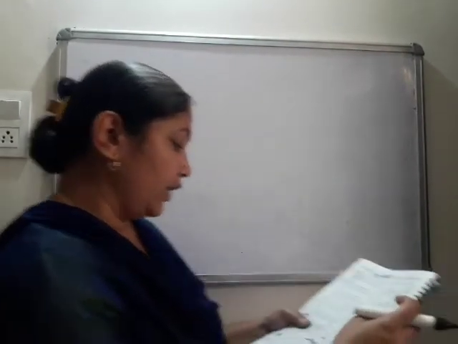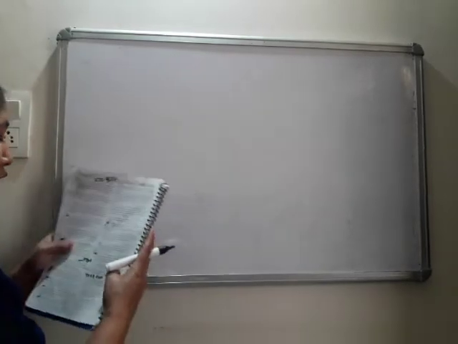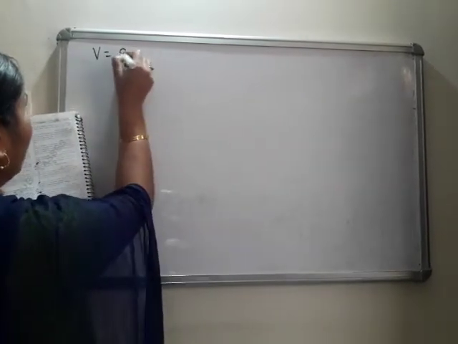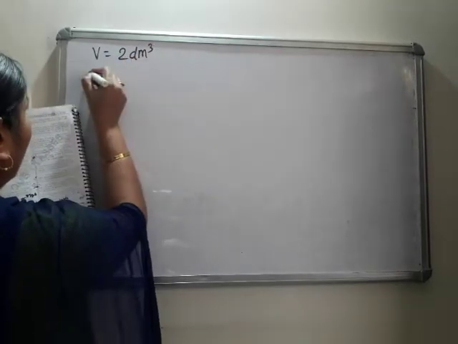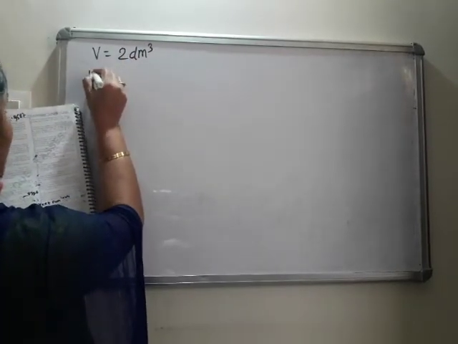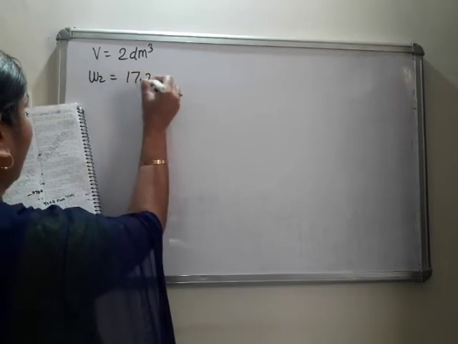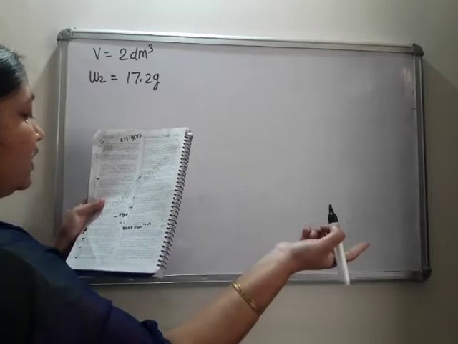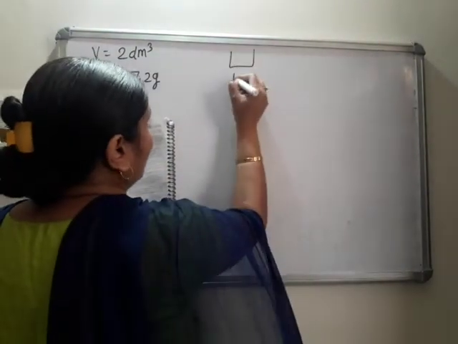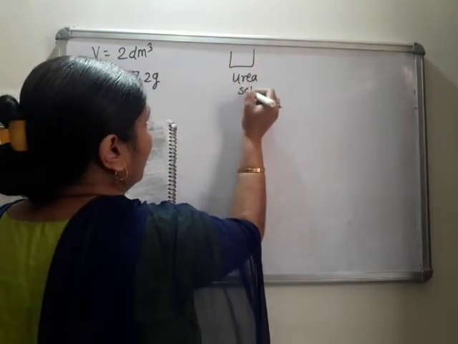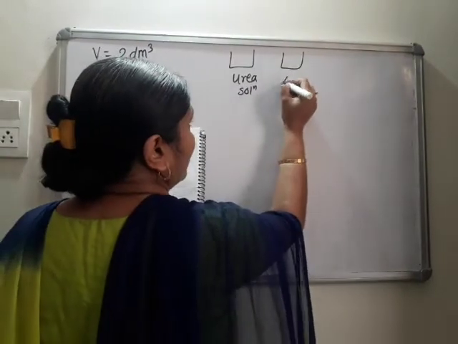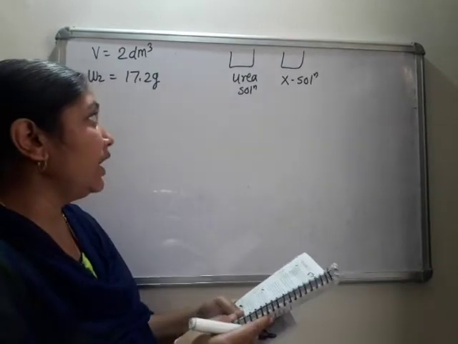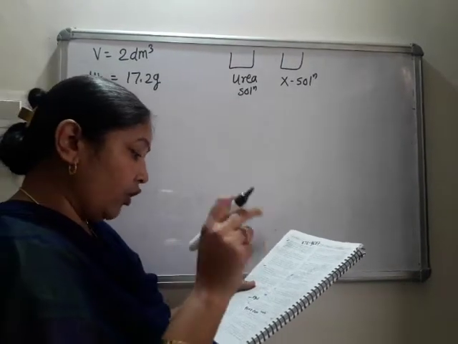Read the question carefully. A 2 dm cube of solution containing, so volume is given 2 dm cube containing mass of urea. How much? W2. It is 17.2 gram. Is found to be isotonic with 5, means this is urea solution and this is solution of X, unknown substance X. So what is given?